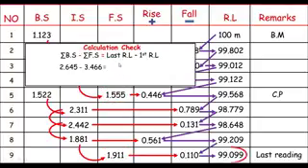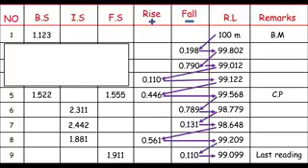Must be equal to the last RL. The last RL is 99.099 minus the first RL, which is 100. Do some maths. If you see, both sides of the equation are not the same, so I should apply the second check.